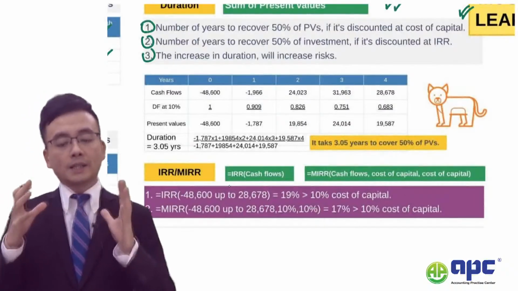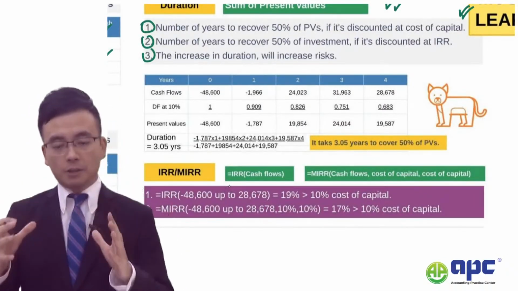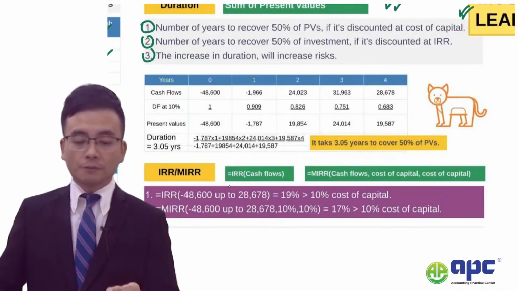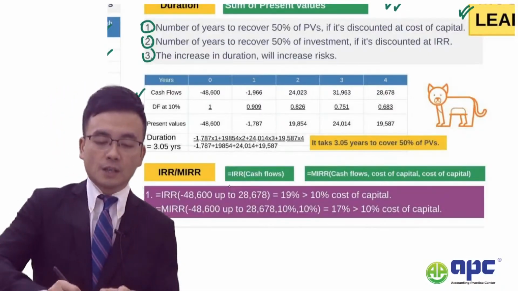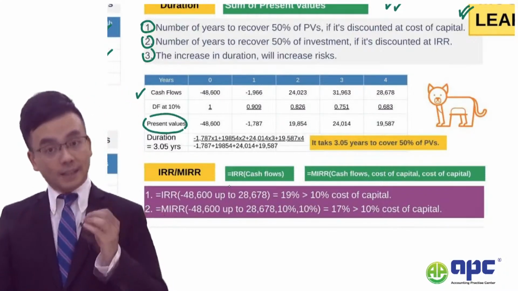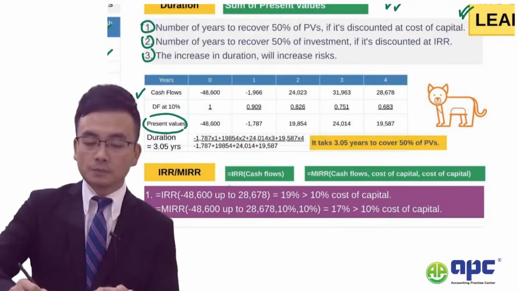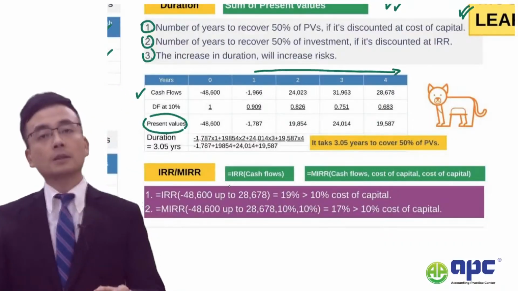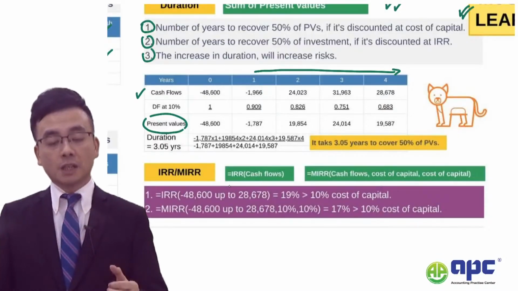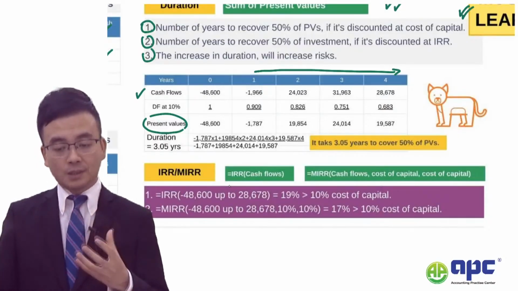Now, the way that we calculate the duration is rather straightforward. Firstly, we discount the future cash flows into present value, and then we only focus on the future cash inflows rather than the initial investment.